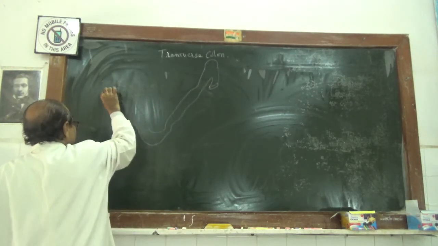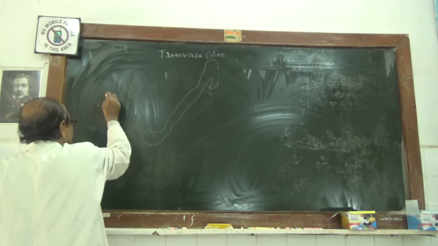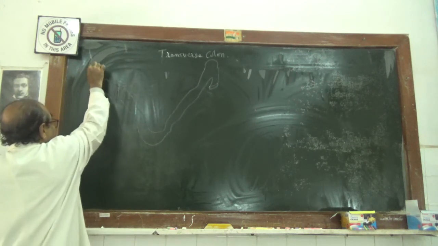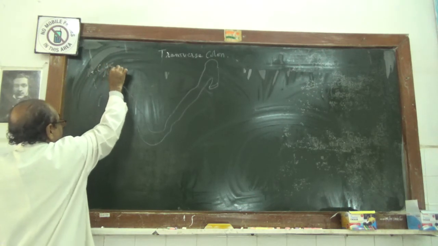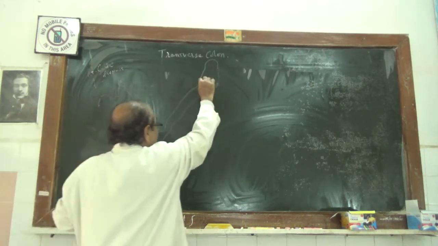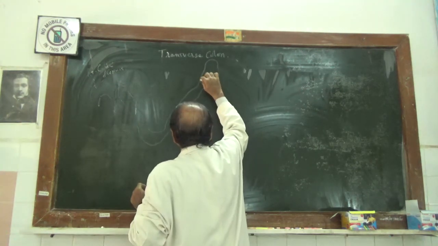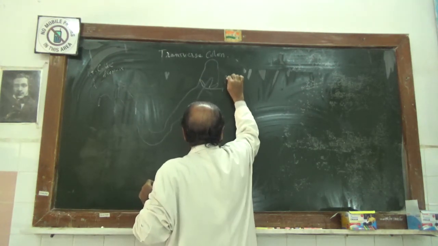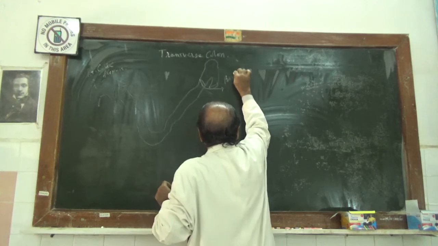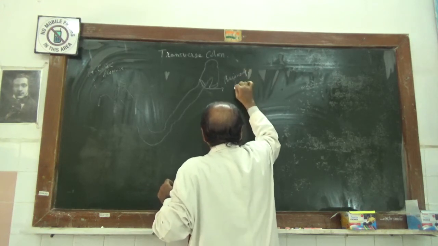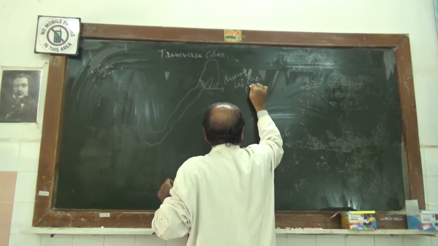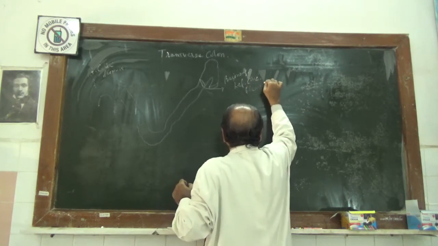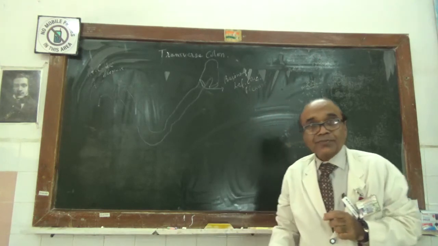It starts from the right colic flexure and it ends at the beginning of the left colic flexure.